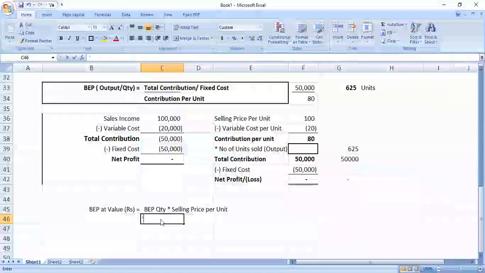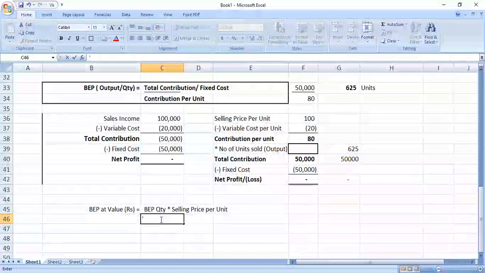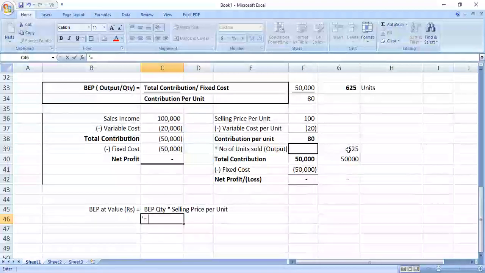The break even point quantity is 625 units.